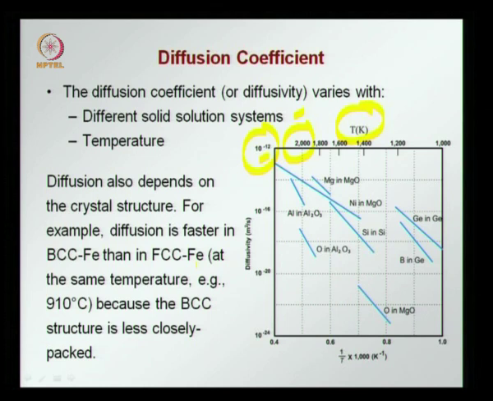For example, at 910 degrees there is an equal possibility that there is a BCC iron and an FCC iron, and the reason is that the BCC structure is less closely packed. This we saw a couple of lectures back, that the BCC structure was the least closely packed of the structures that we saw. So, when the structure is less closely packed, diffusion can occur more easily because the atoms can move more freely in the lattice structure.